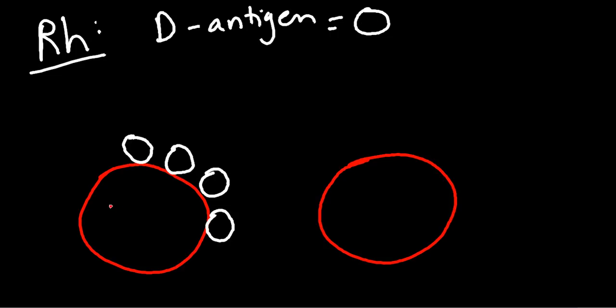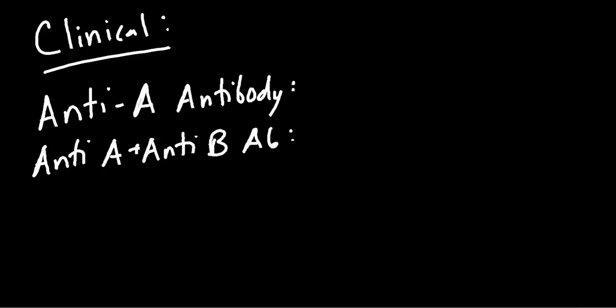Based on this, this cell would be RH positive, and this cell would be RH negative. So you have an RH positive cell expressing this D antigen, and this cell not expressing it. Okay, so that's the basics. We have the AB and the RH systems, the categories that we're going to be talking about.